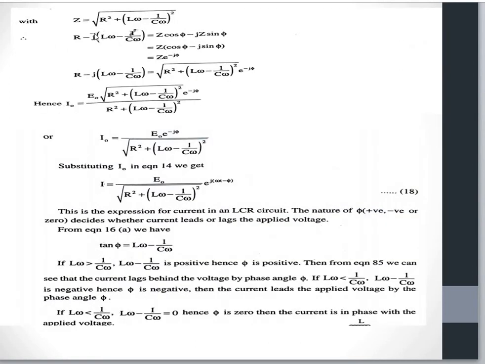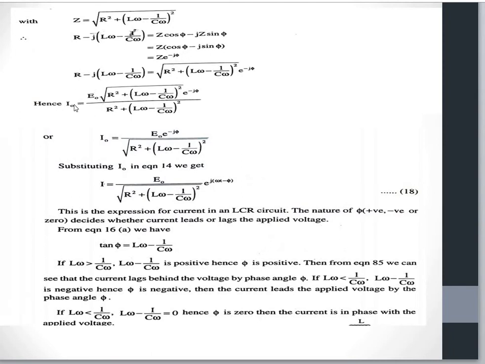So we can write this equation as R minus j into L omega minus 1 by C omega, which can be written as Z cos phi minus j Z sin phi, or Z into cos phi minus j sin phi. So this can be written as Z into e raised to j phi.